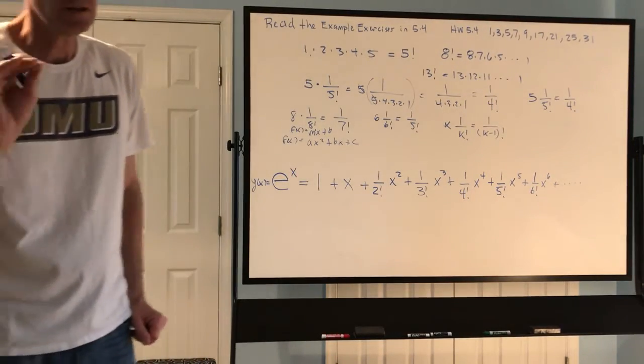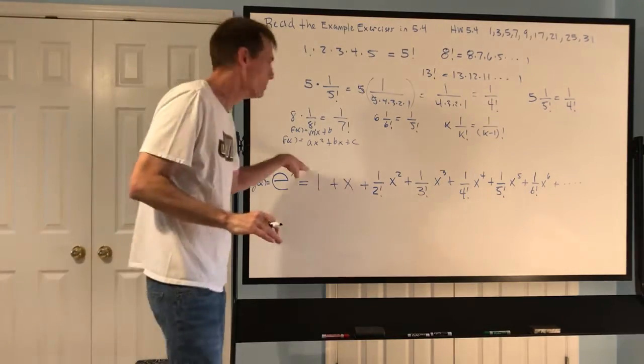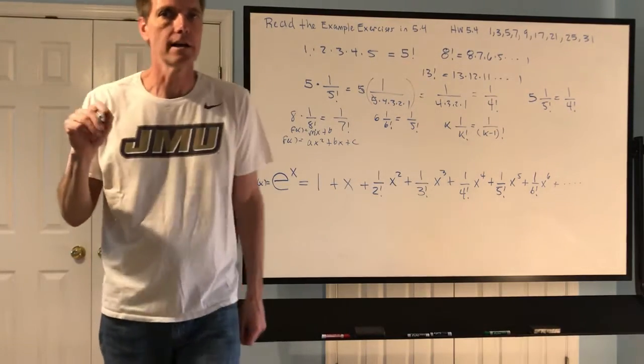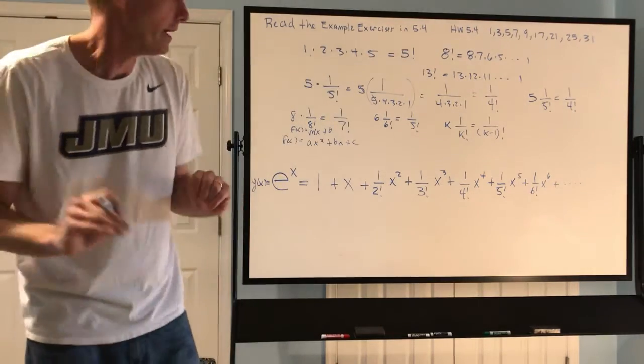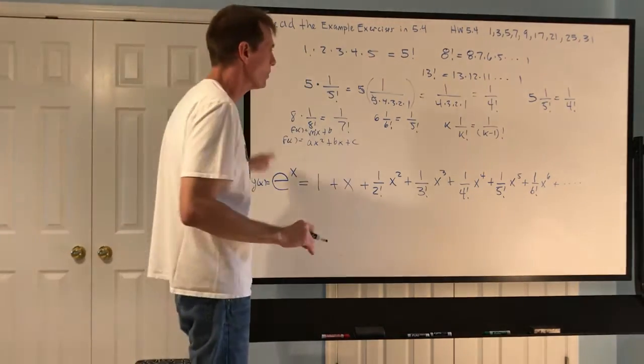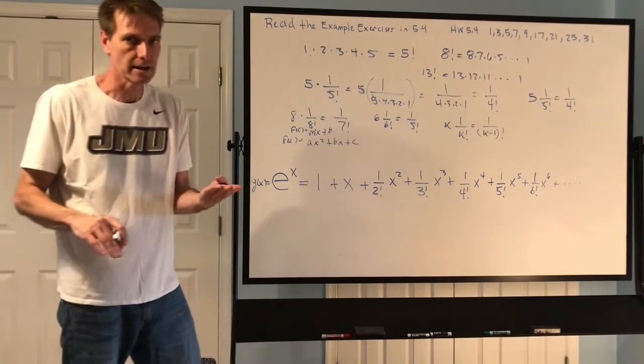But it's okay. We are not in the business in Math 205 of talking about what we call an infinite sum, an infinite series. What we're talking about here is where we just want to get an understanding of what e to the x is.